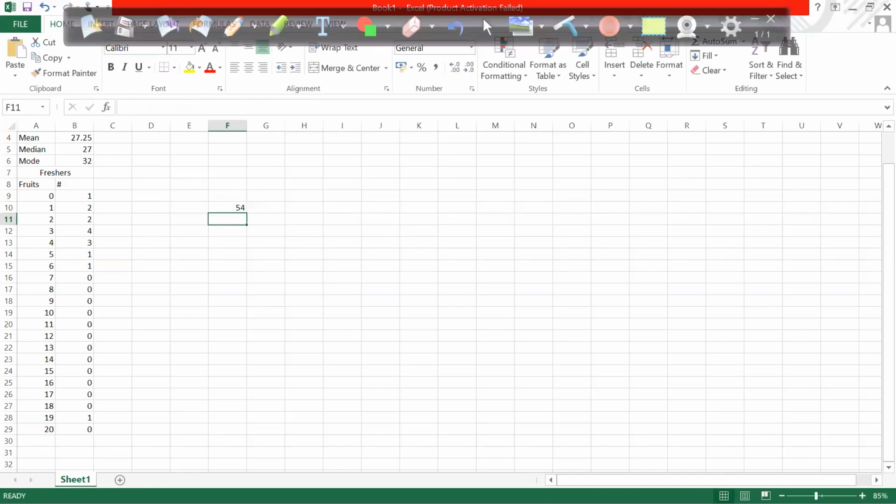So the total number of fruits consumed by the freshers are 54. Now how many freshers are there?